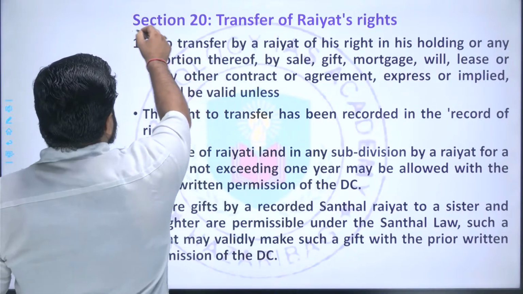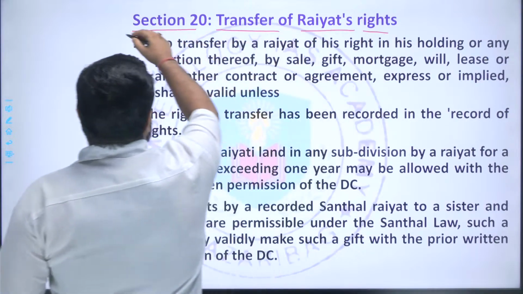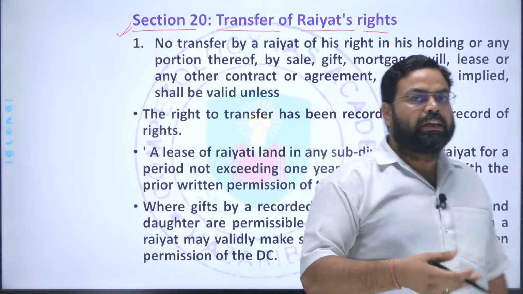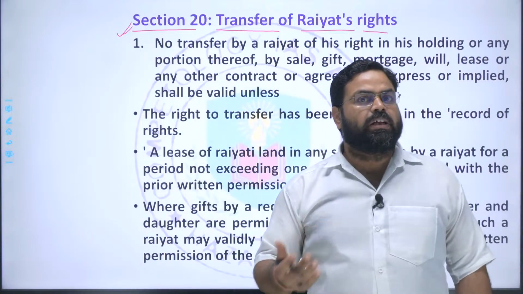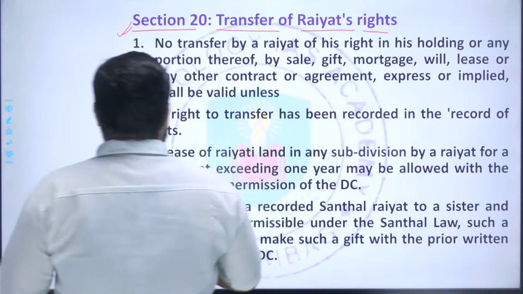Now come to Section 20, the transfer of rayyat's rights. The transfer of the rayyat's rights can be done in many ways: through succession, through sale, through gift deed, or whatever it is. So we will discuss one by one.